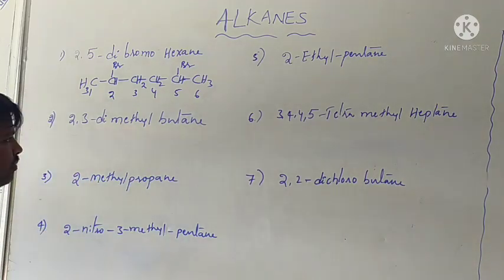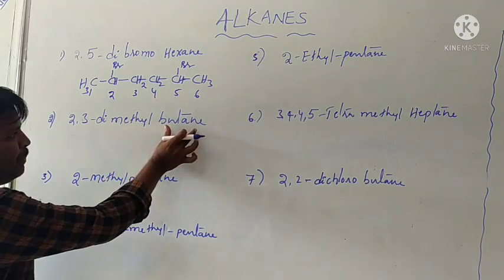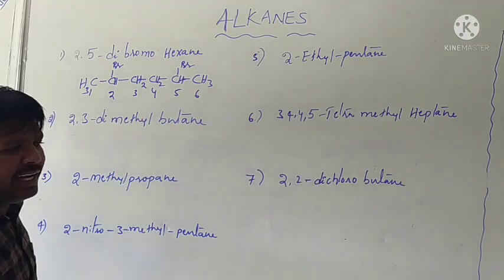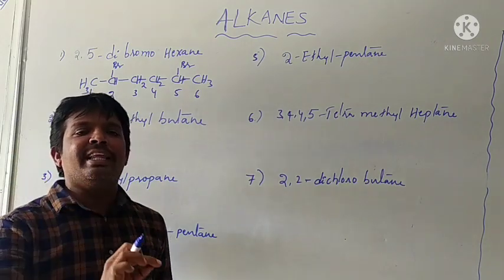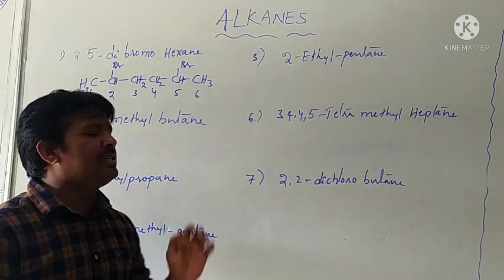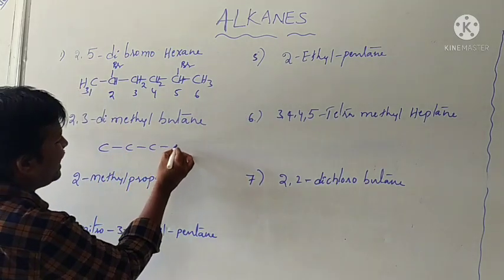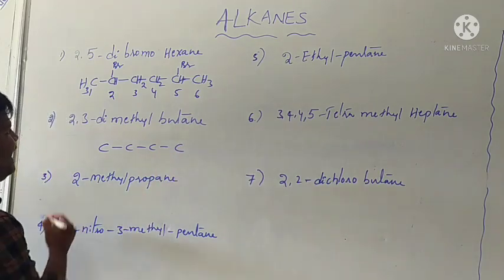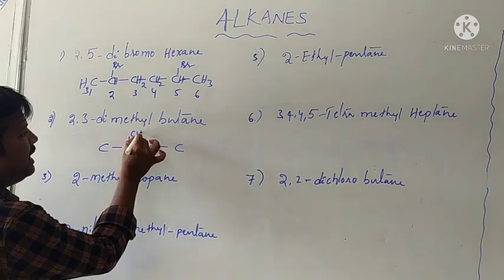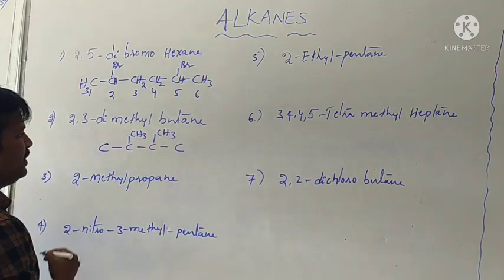Very simple. Then we go for 2,3-dimethylbutane. Dimethyl is the substituent, and butane indicates that 4 carbons are present in the parent carbon chain. The 4-carbon chain is like this, and methyl substituents are present at the second and third carbons, the 2,3 positions.